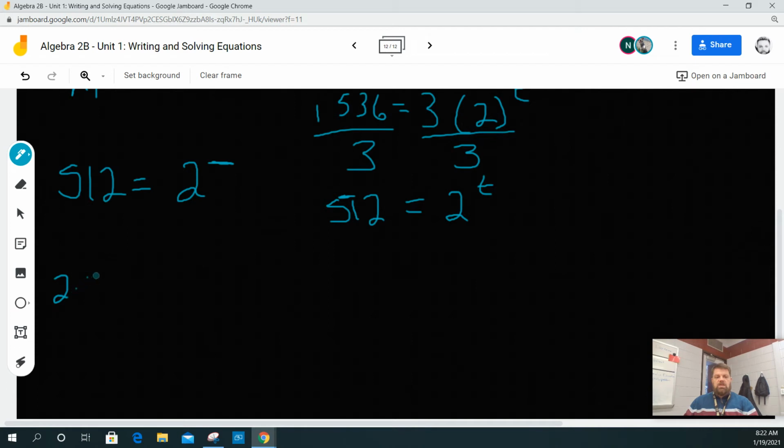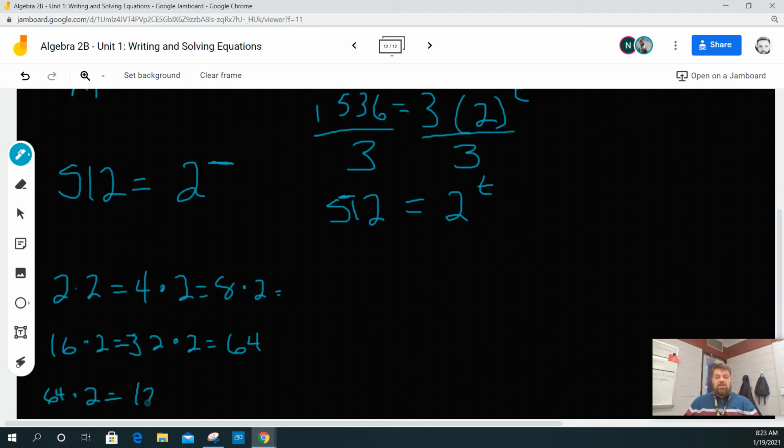So 2 times 2 equals 4. Times 2 again equals 8. Times 2 again equals 16. Times 2 again equals 32. Times 2 again equals 64. Times 2 again equals 128.